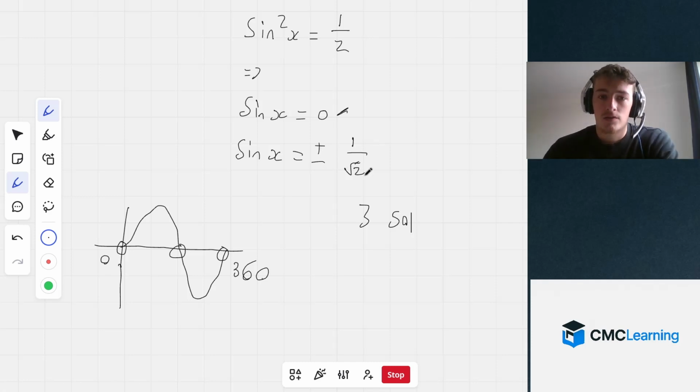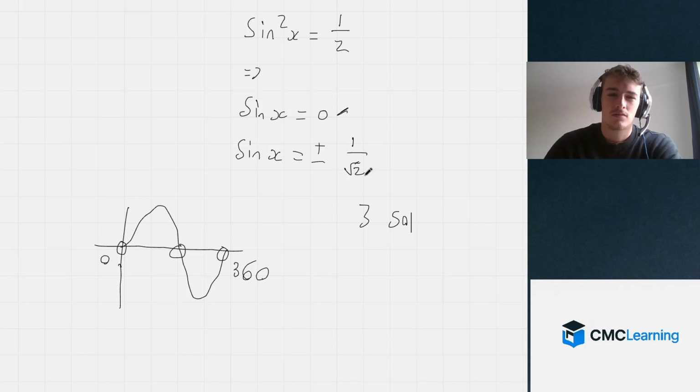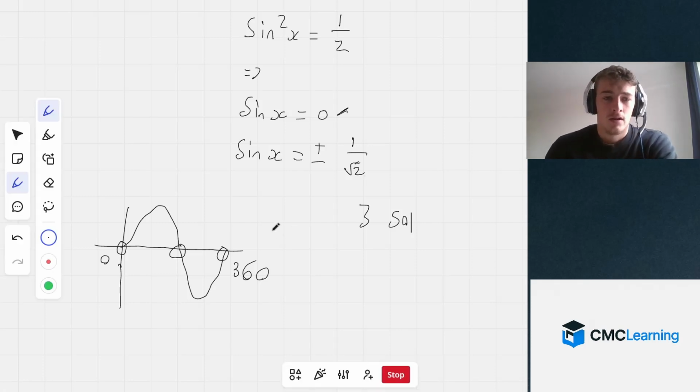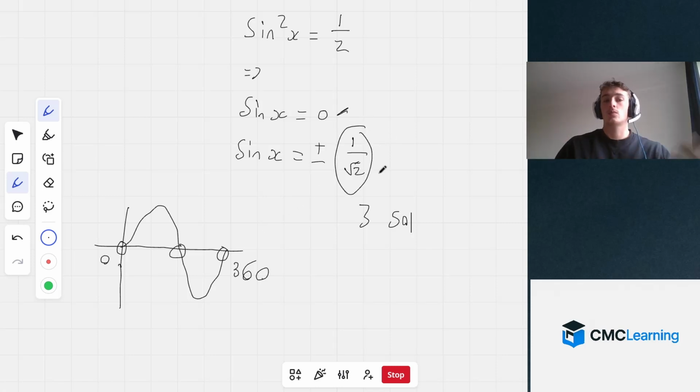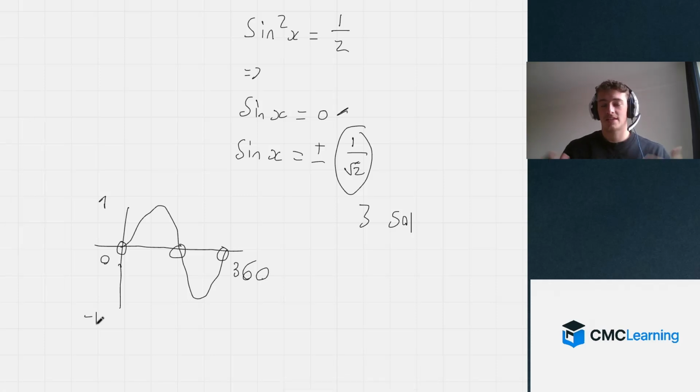And for plus or minus 1 over root 2, we don't need to know exactly where this is, although you should. You should know without a calculator. I should say, this question is to be done without a calculator, so don't be cheating. The main issue here is whether this is between 1 and minus 1, because if it's outside of that range, then there are no solutions.